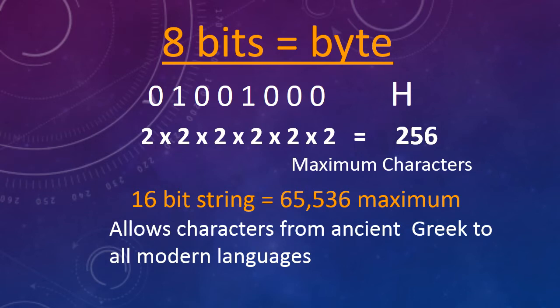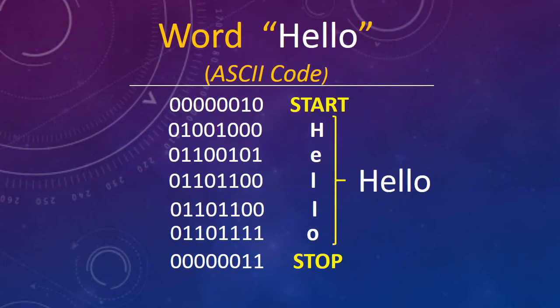So when we in the computer want to create the word hello, we have to say where the word begins. So 6 zeros and a 10 is a start. And then at the bottom, 6 zeros and 11 is a stop. And that's the actual code for an uppercase H and a lowercase hello. And that spells out hello.